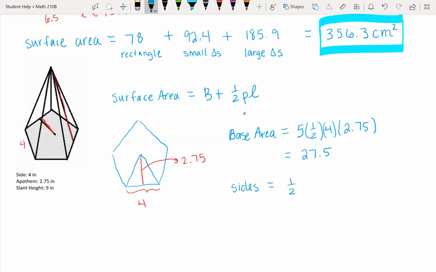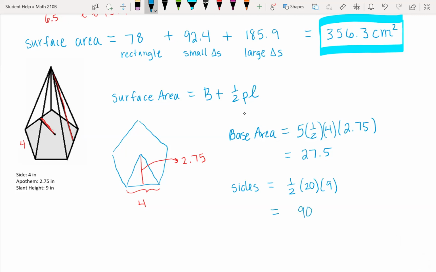The perimeter is 5 times 4, right, going around. So that's going to be 20. And then the slant height was 9. So this is going to be 90.